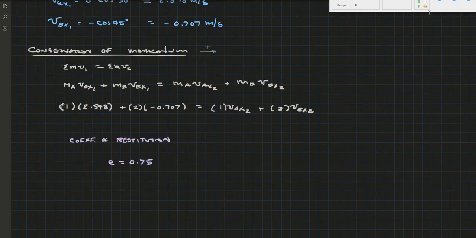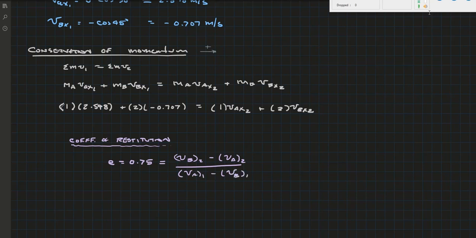So we need to know this coefficient of restitution to solve for our final velocities, because we have two unknowns in our momentum equation. And so we need a second equation, and we're going to use this restitution equation: e equals velocity of B at 2 minus the velocity of A at 2, divided by the velocity of A initial minus the velocity of B initial. So the change in final velocity over the change in the initial velocity.